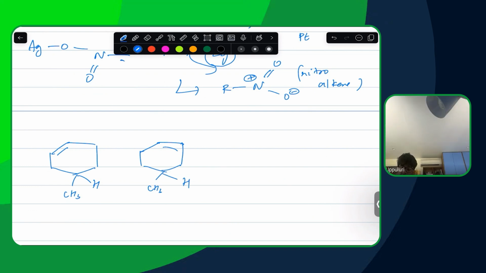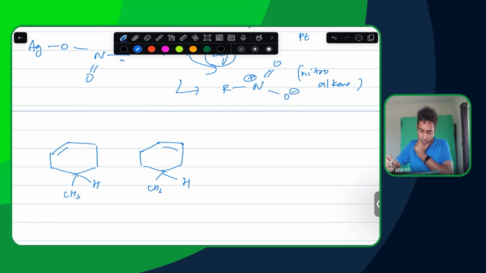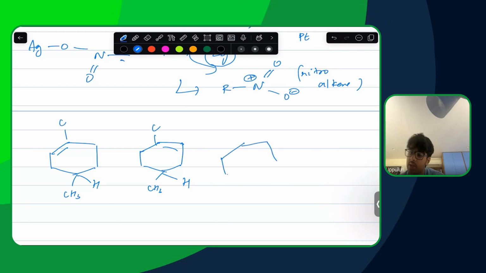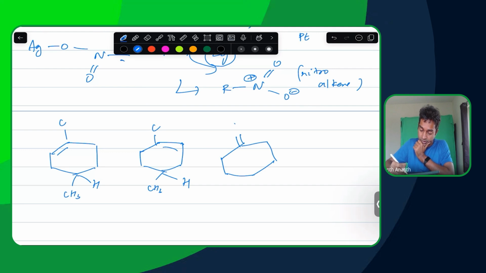Sir, but the CH3 at the bottom one, can the double bond go outside? Yes, it can go outside. I didn't think like that. You're right, that is possible. So we can technically go there.